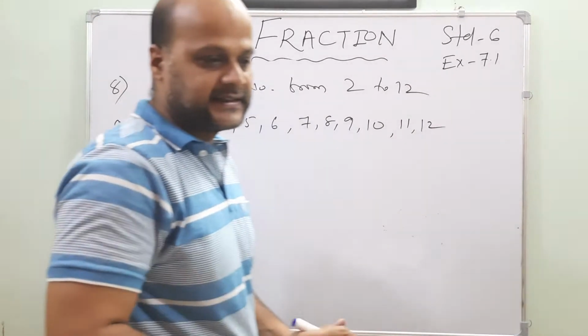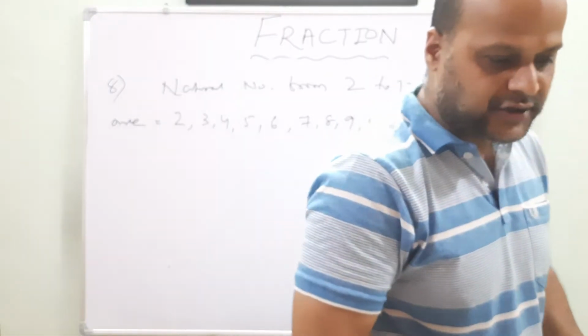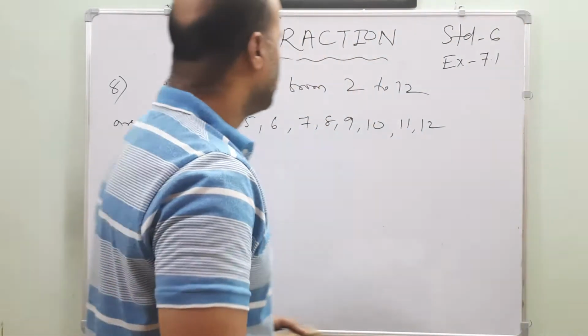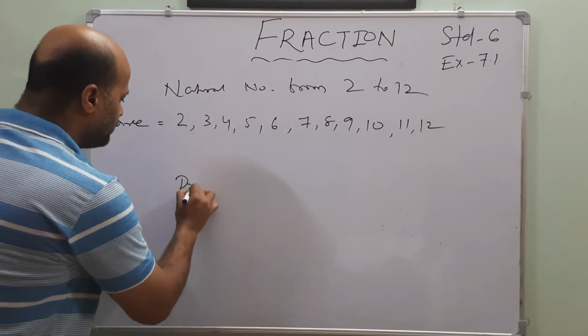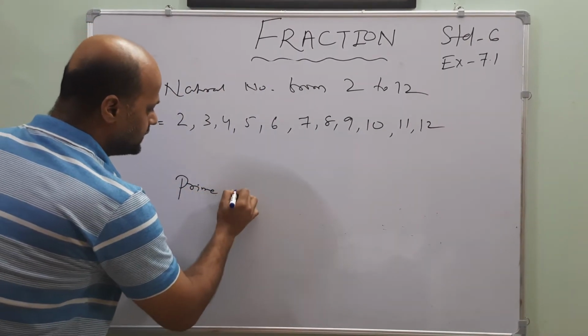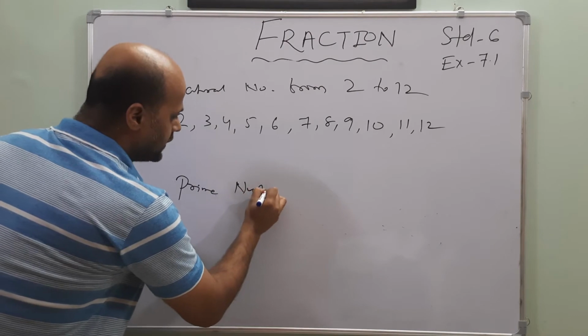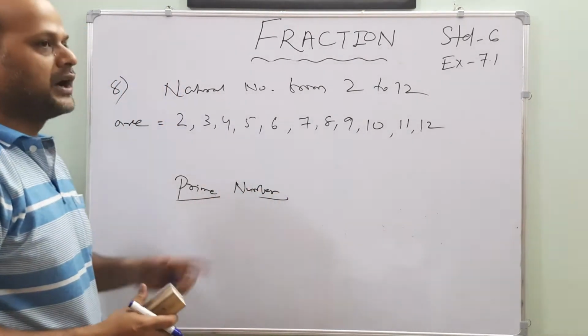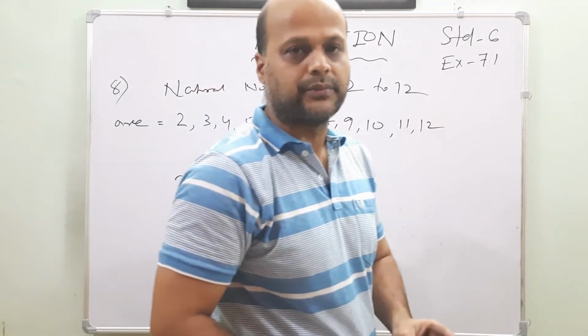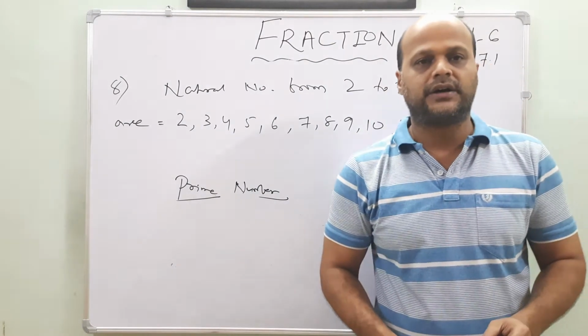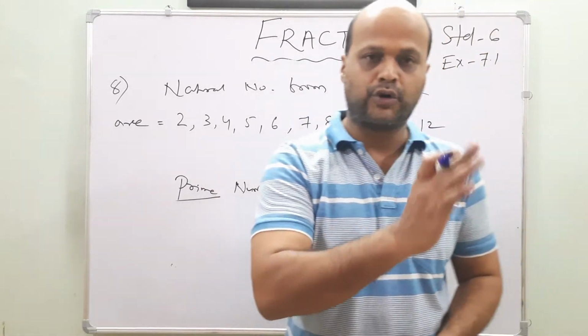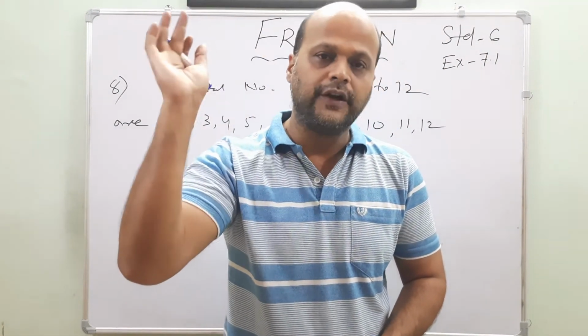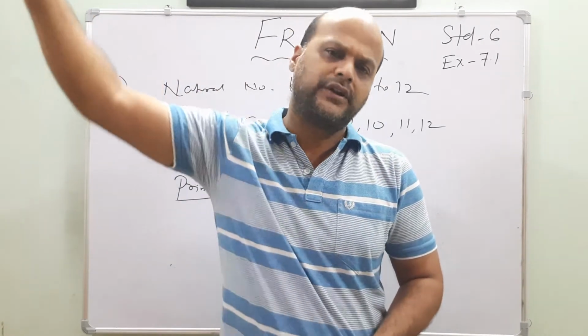Then again it is saying, what fraction of them are prime numbers? What is the meaning of prime number? You have to understand it, my dear friends. Two things are very important: one is natural numbers, one is prime numbers. Natural numbers start from 1 to infinity: 1, 2, 3, 4, 5 and so on.